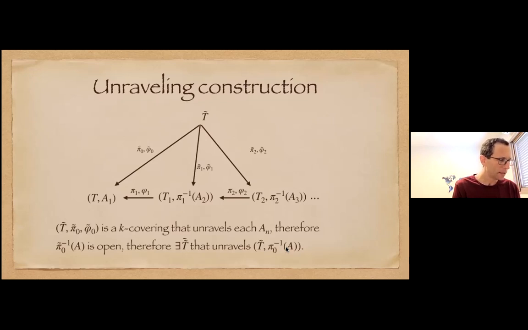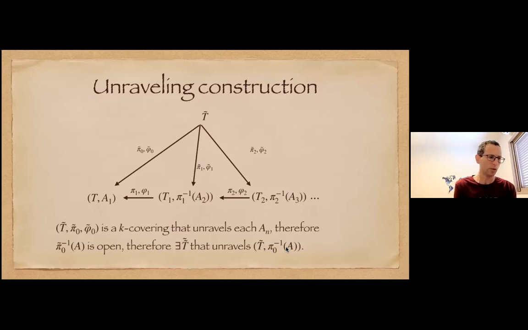It is just because this diagram commutes, and therefore the inverse image of A is the union of the inverse images of A_n, and each one of the A_n is mapped to a closed and open set.